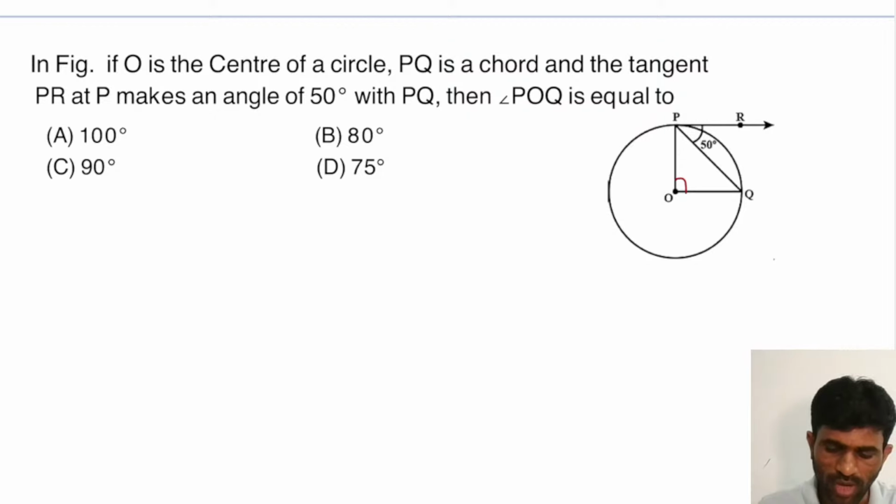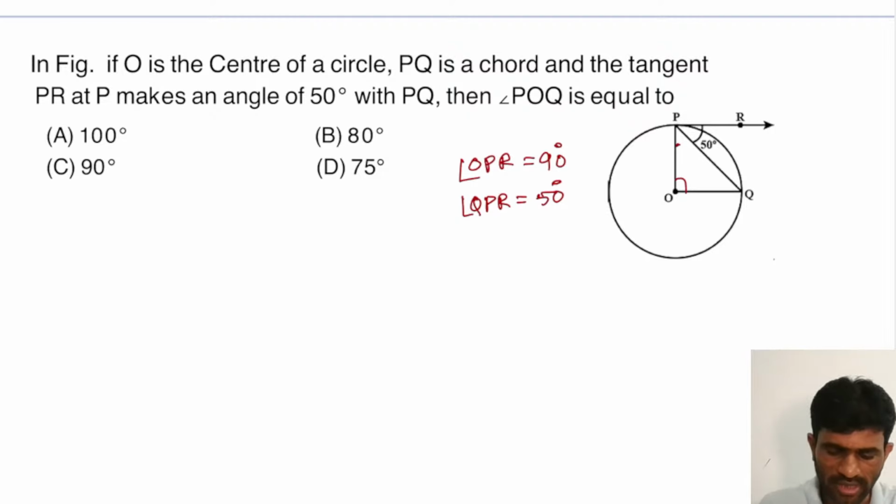We know the angle between tangent and radius is 90 degrees. So the total angle OPR is equal to 90 degrees, and it is also given that angle QPR is 50 degrees.